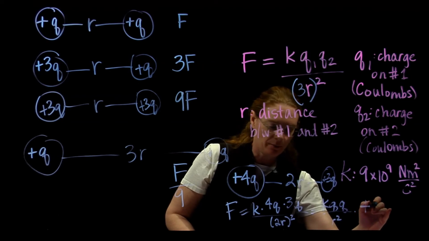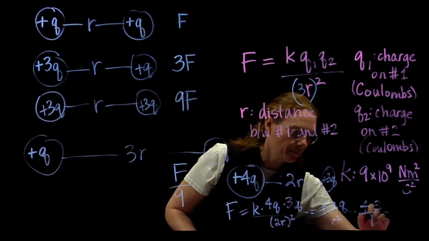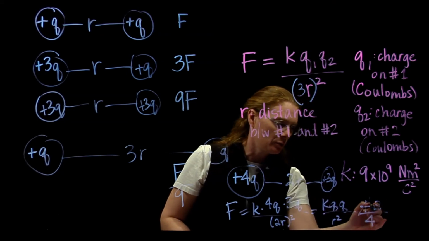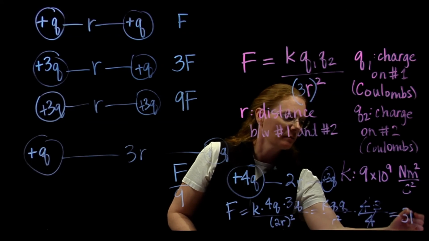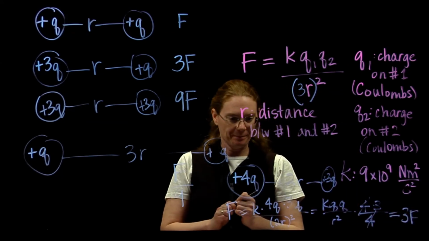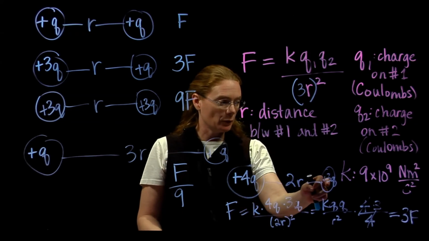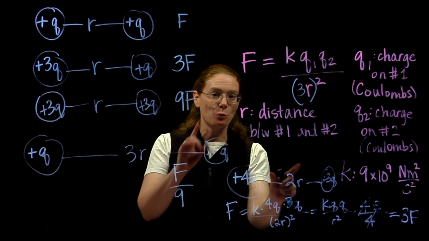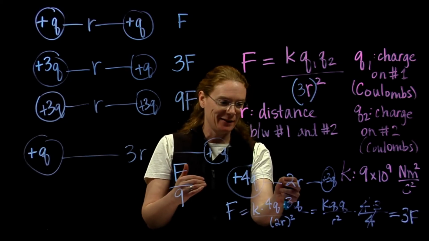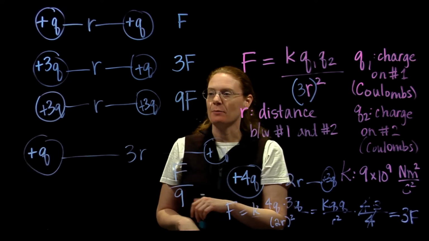There's a 4 on top, there's a 3 on top, and there's a 2 squared on bottom, which gives me a 4 on the bottom. So this makes the force 4 times bigger. This makes the force 3 times bigger, but the distance makes the force 1/4 the size, which balances out this, which means we're just left with the 3 times bigger.